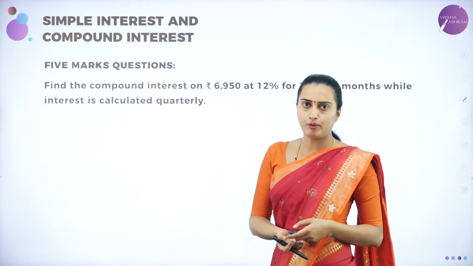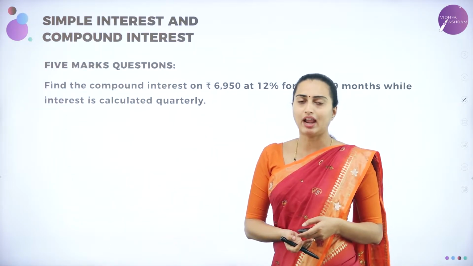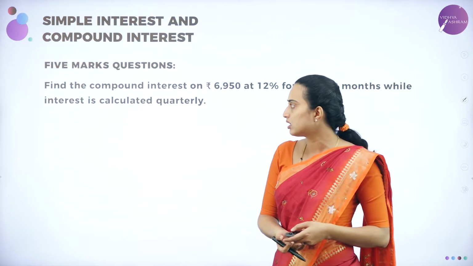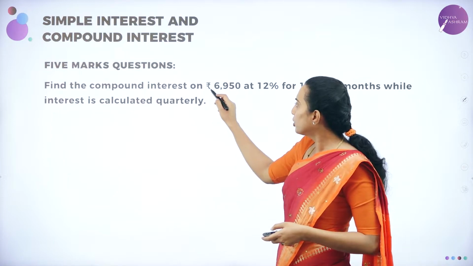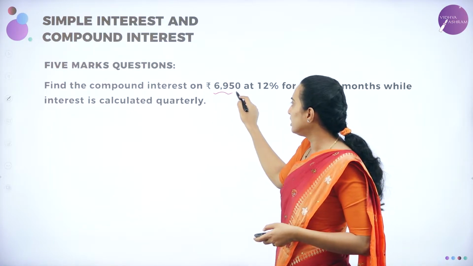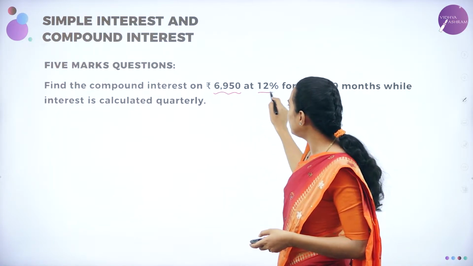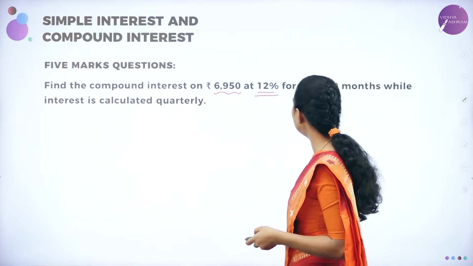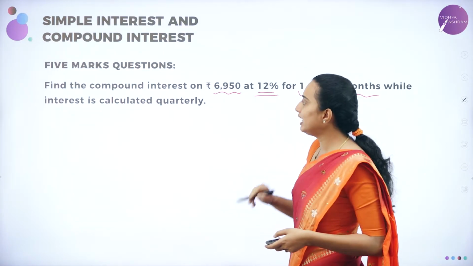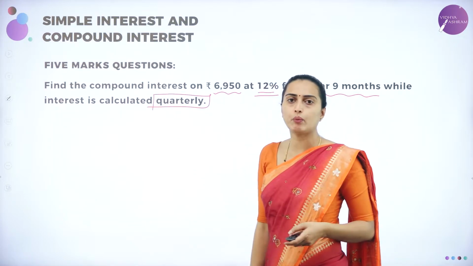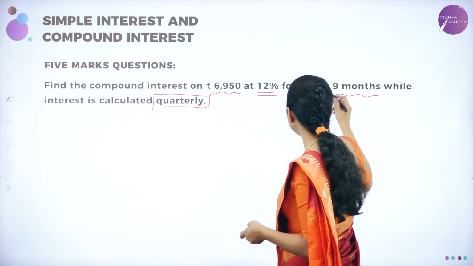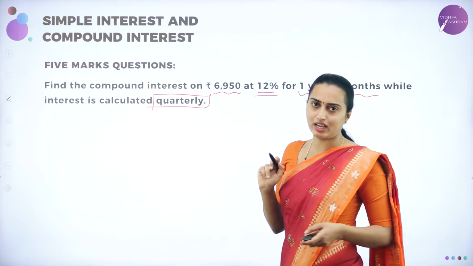Five marker problems on these nominal rate and effective rate of interest. What they've asked: find the compound interest on rupees 6,950 at 12% for 1 year, 9 months, while interest is calculated quarterly. Quarterly means q will be equal to 4, and they have given n as 1 year, 9 months.